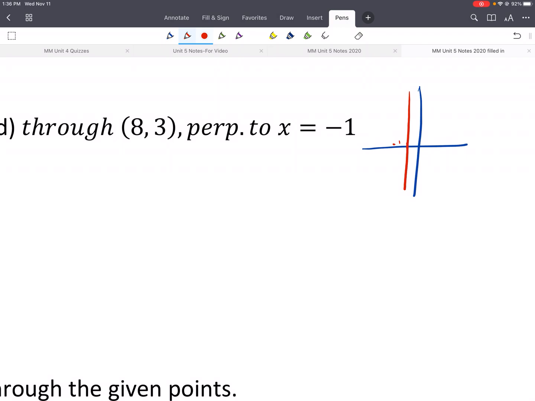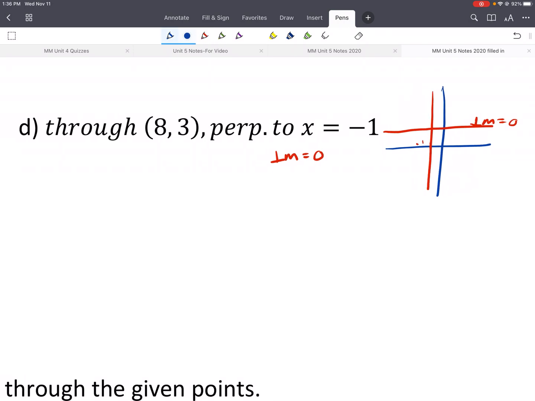Okay, so we want to find a perpendicular slope. So that would be a slope that was like this. The perpendicular slope would be equal to 0, a 0 slope. All right, so our perpendicular slope here would be 0. Now we'll plug everything in.